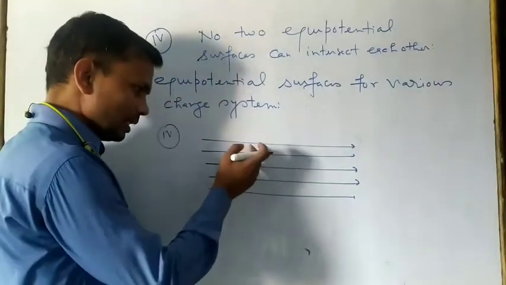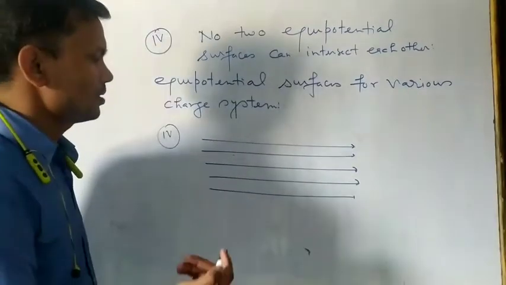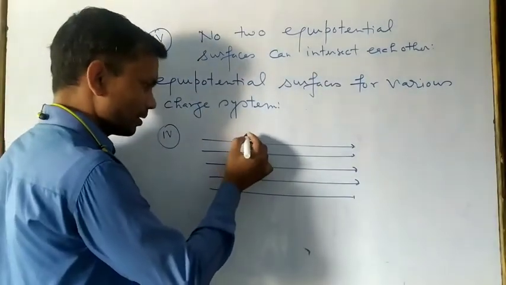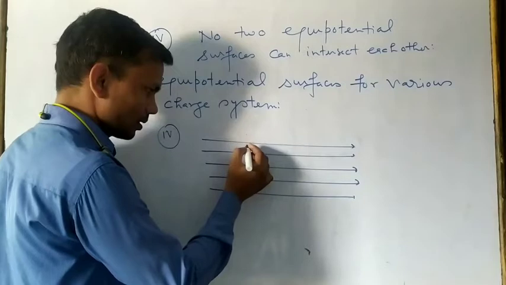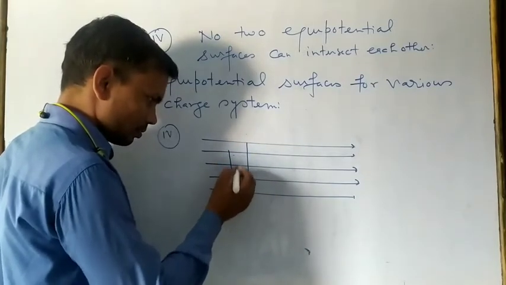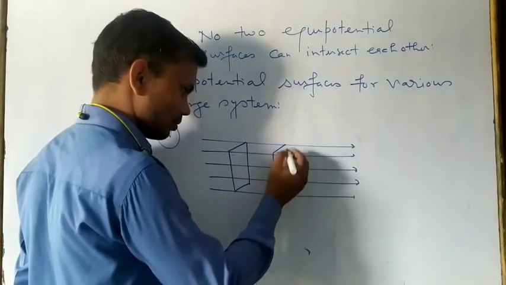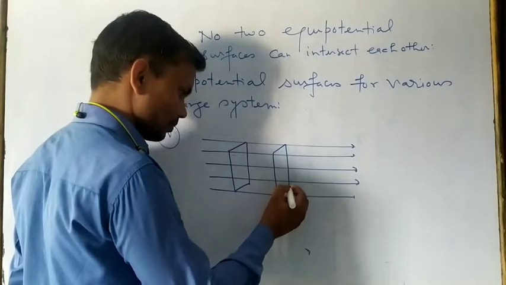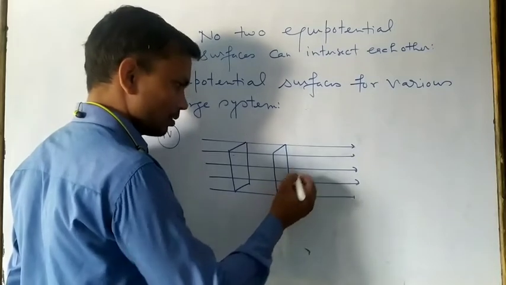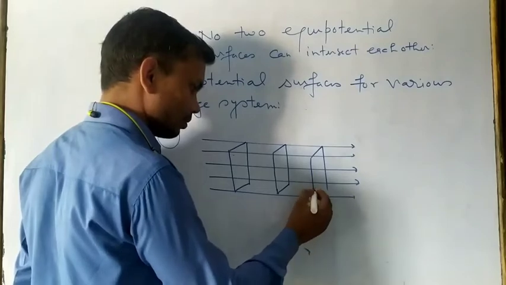So in this case the pattern of the equipotential surfaces is parallel planes, like that. Suppose this is one plane, and here is another plane like that, and then after this another plane.